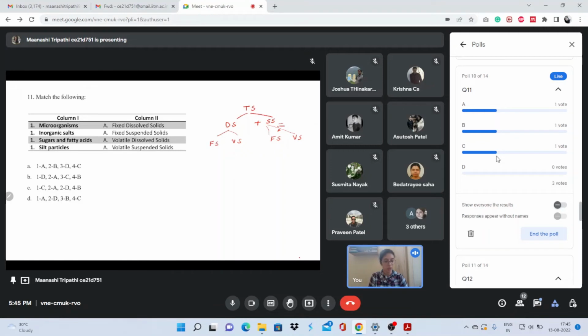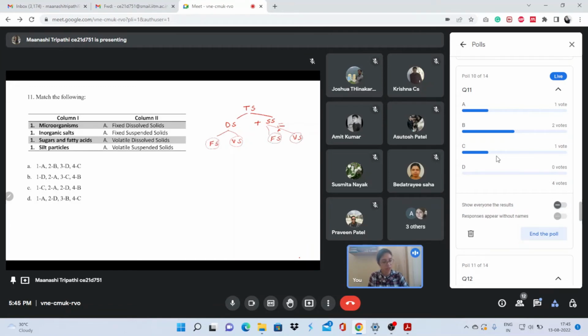When we talk about fixed solids, at a temperature of 550 degrees Celsius, 500 to 600 degrees Celsius, there will be no change in fixed solids. But all the volatile solids will go. They will be evaporated at a temperature of 500 to 600. Same goes with these two.